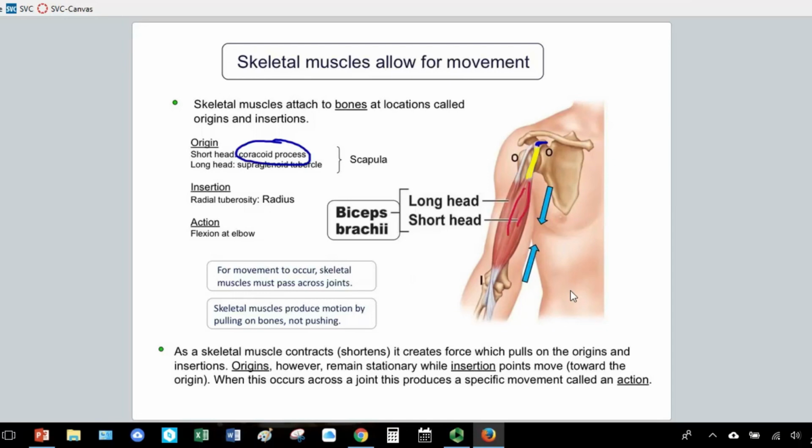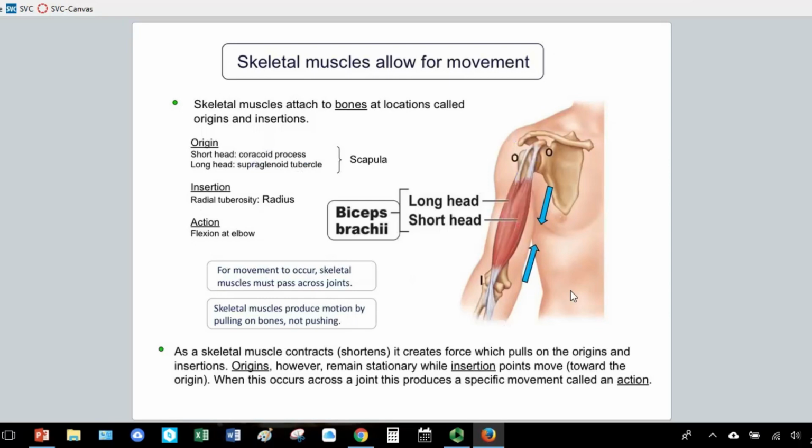And then it has another origin right above the glenoid cavity, and again, it attaches to that origin via a tendon. These are the origins of the bicep muscle. And this is the insertion point down there. It's on the radius, in particular a bone marking called the radial tuberosity.